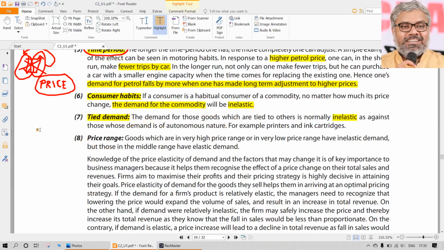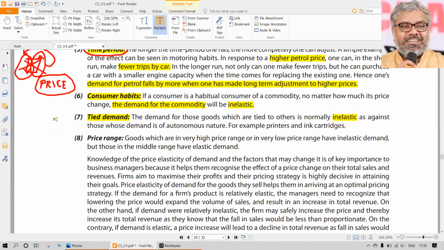So if, let us say, the demand for cars increases, automatically the demand for tires also will increase. The demand for tires directly will not be impacted by the tire price. So when there is a change in the price of the tires, that directly will not have any impact. Rather, when there is a change in the price of the car itself, that might have a huge impact on the demand for tires. So that is an example of tied demand.